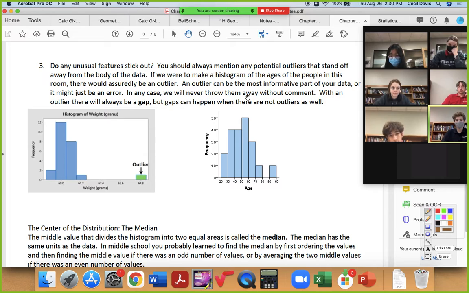How did I get to have this particular outlier? Sometimes it's going to be a mistake. Sometimes an outlier is one where somebody dropped a decimal place or inverted two of the numbers or something like that. So you never throw away something that appears to be an outlier without commenting on it.